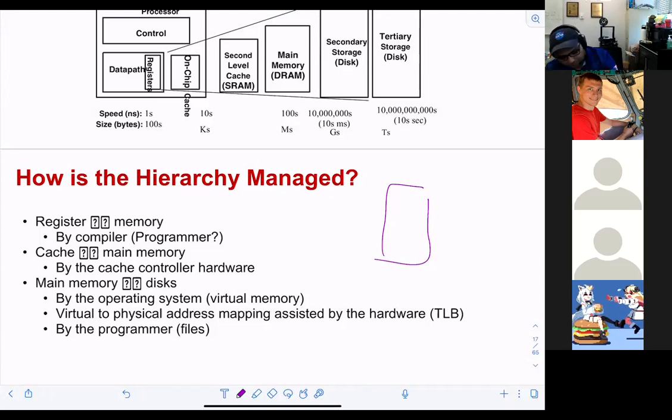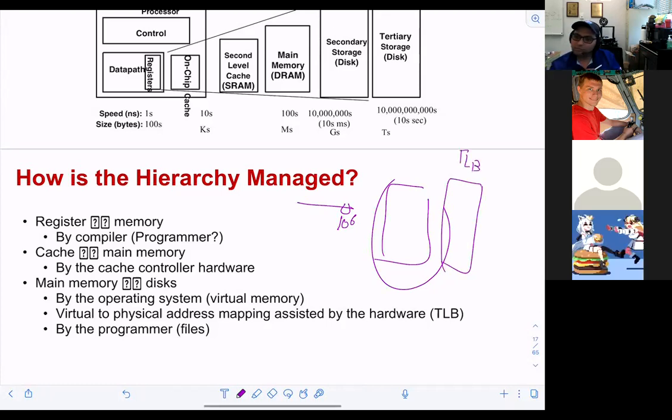That's not really hard. The processor, for instance, is requesting location 1 million, but this cache doesn't have a million locations. It just has 5 locations. So what happens? It will go into the TLB, or the table, with virtual addresses and physical addresses.